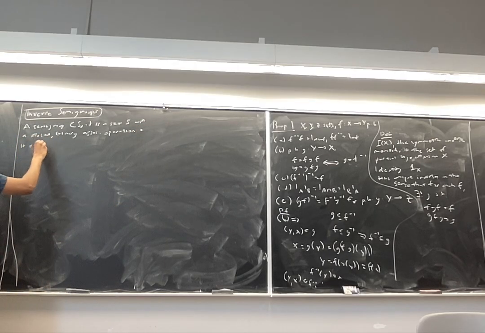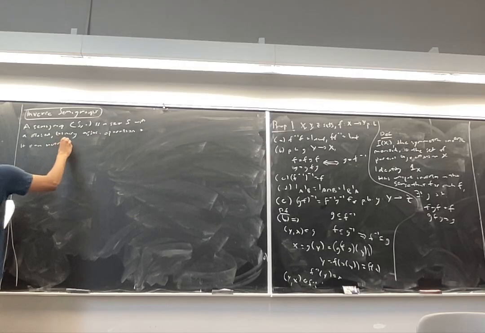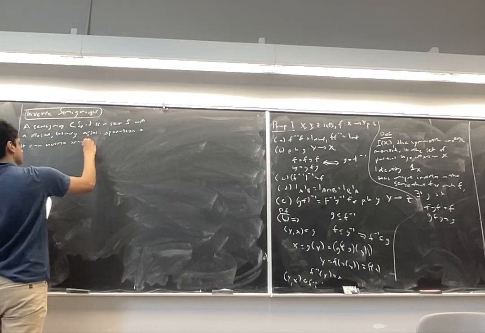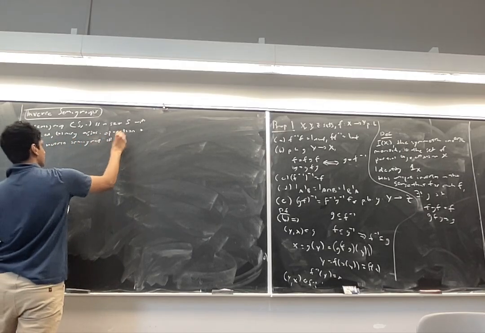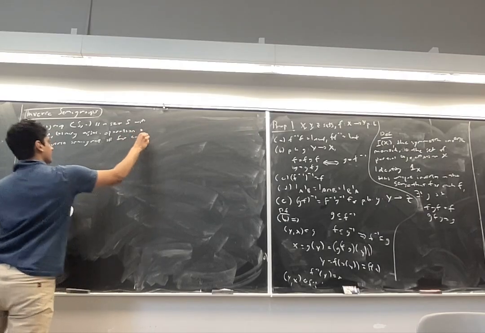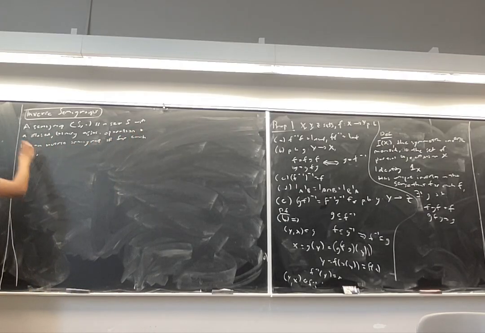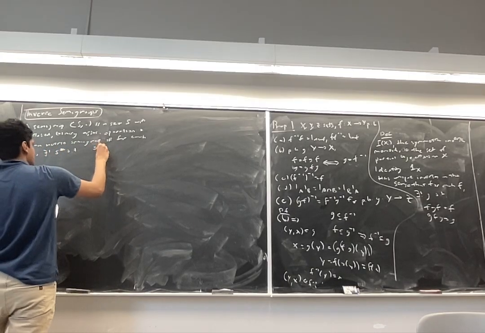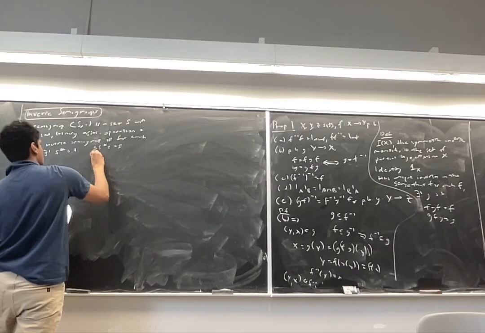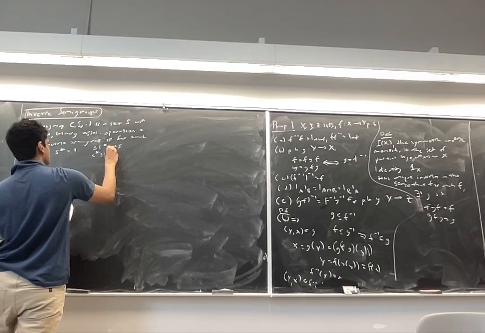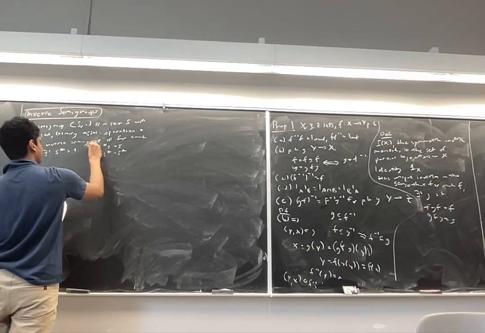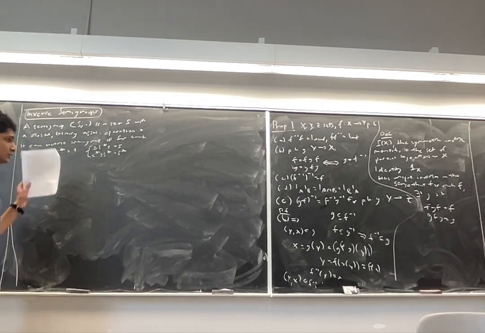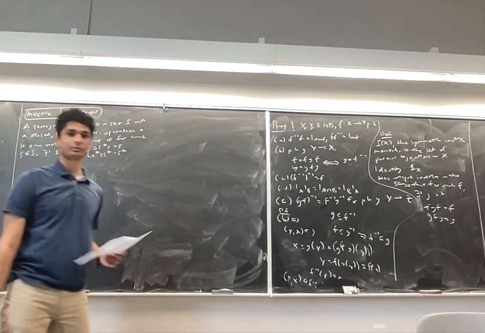It is an inverse semigroup if for each s there exists a unique s star, so that s s star s equals s, and s star s s star equals s star. So hopefully we can notice similarities between this and this condition.